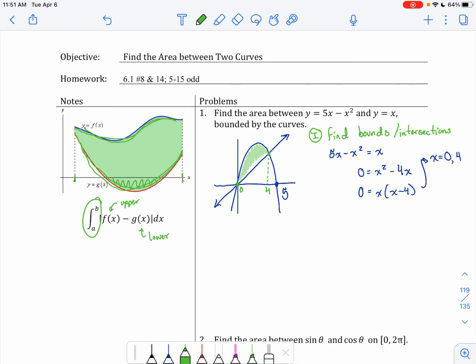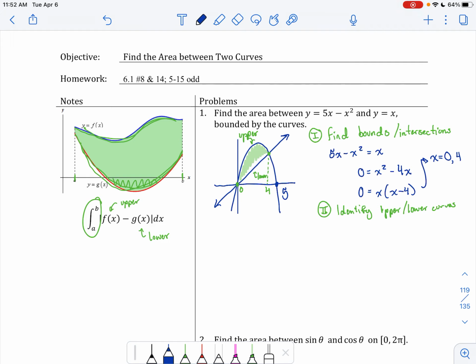Now, the next thing you want to do, because we've graphed it, is identify the upper versus lower curves. So in this case, the parabola is the upper curve, and the line is the lower.